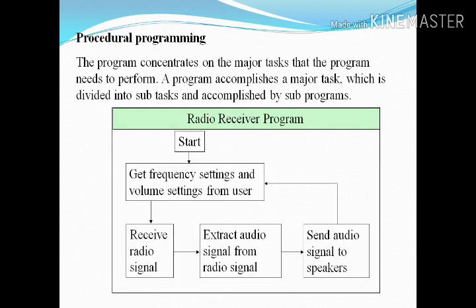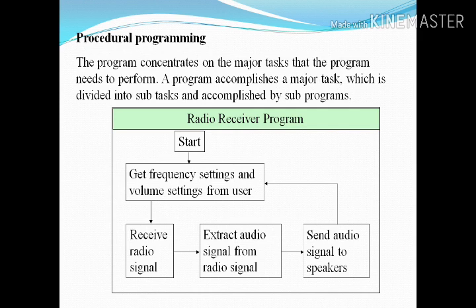Now the procedural programming language details I have to tell you. Here from the pictures you can get the radio receiver program. I am showing just the flowchart of that. You can get that detail from there. The program concentrates on the major task that the program needs to perform. A program accomplishes a major task which is divided into subtasks and accomplished by subprograms.